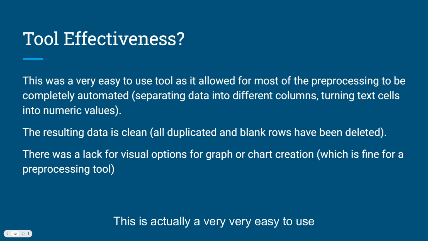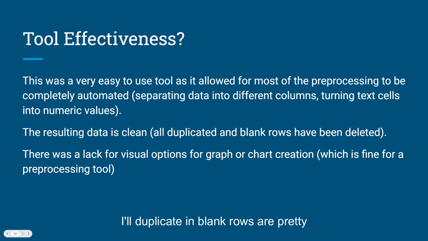This is actually a very, very easy tool to use. Pre-processing this data only took maybe 20 or so minutes to do, separating the data into different columns, turning text into numeric values, and everything else we did. The resulting data is fairly clean.